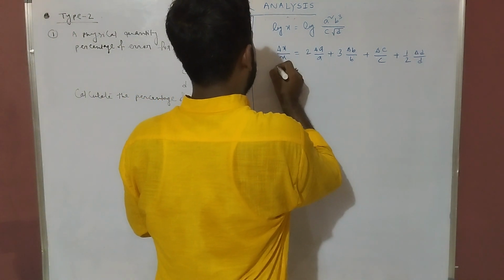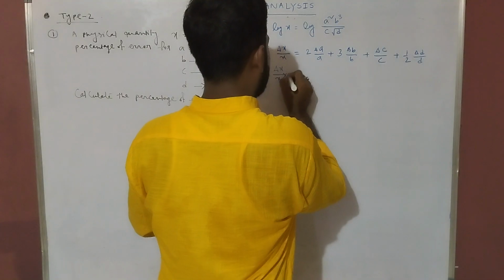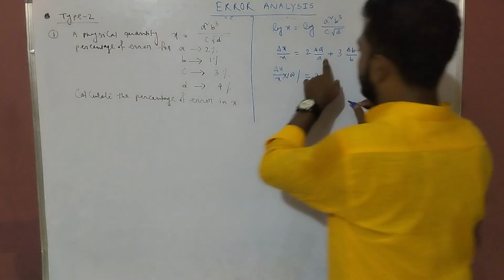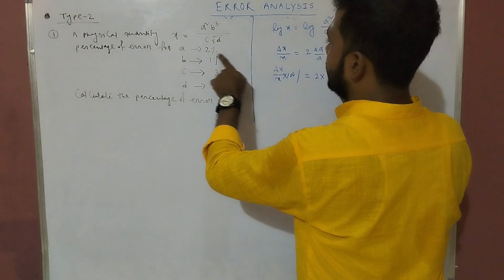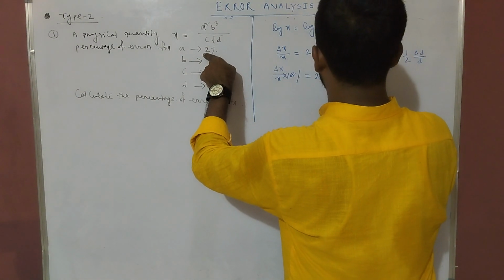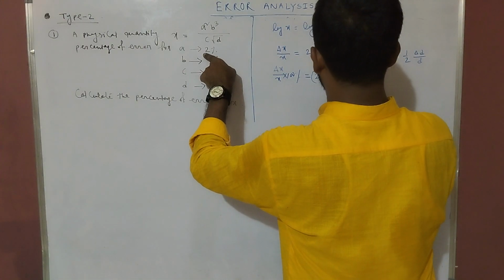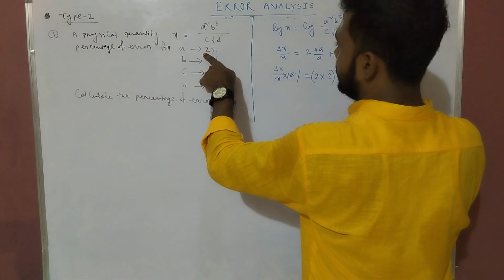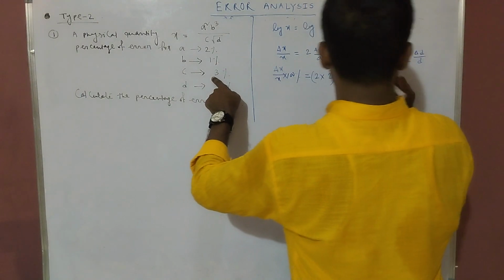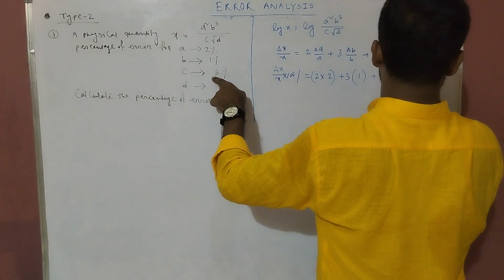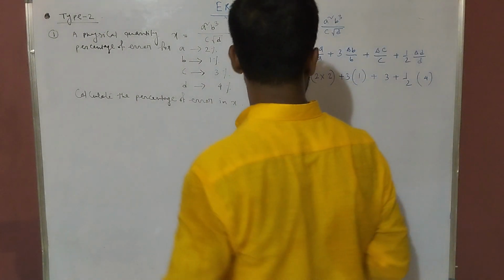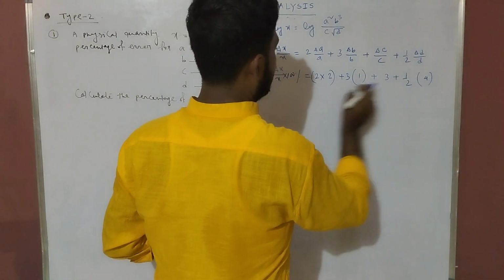Del x by x in percentage will be 2 into del a by a, which in percentage is 2, plus 3 into del b by b, which is 1, plus del c by c, 3, and del d by d, 4. Understood or not? This value is already in percentage.